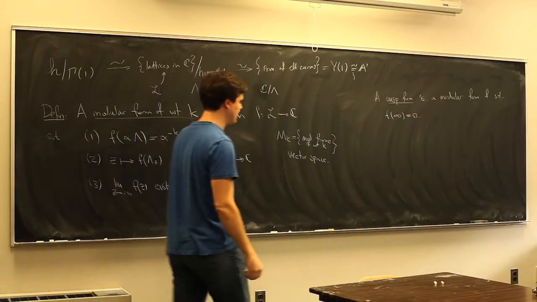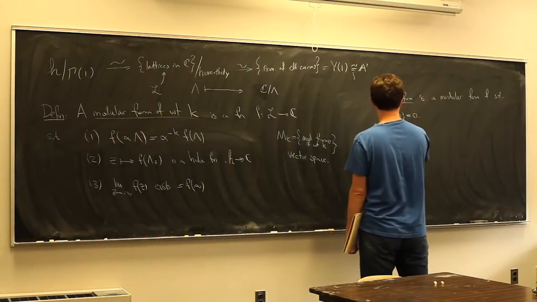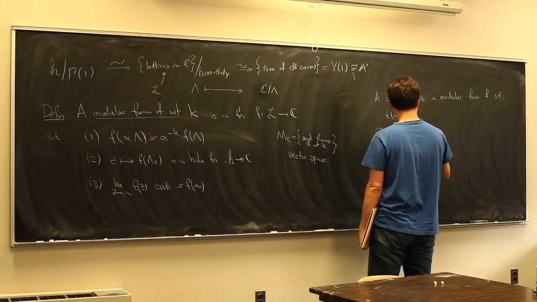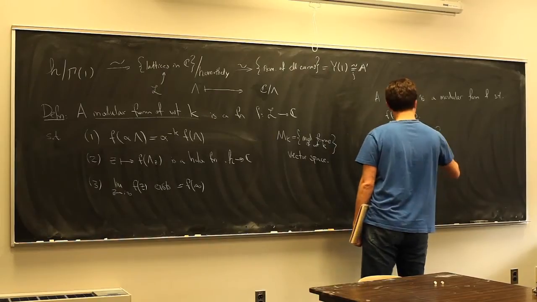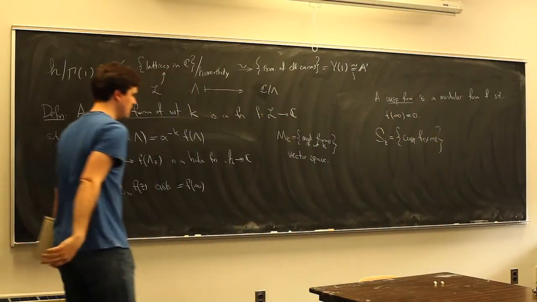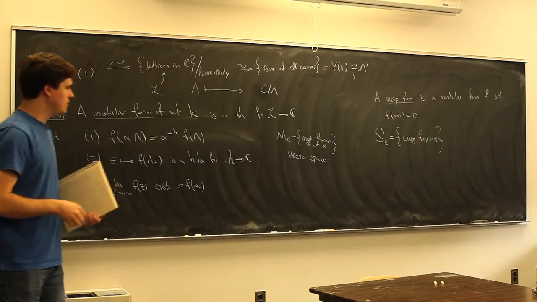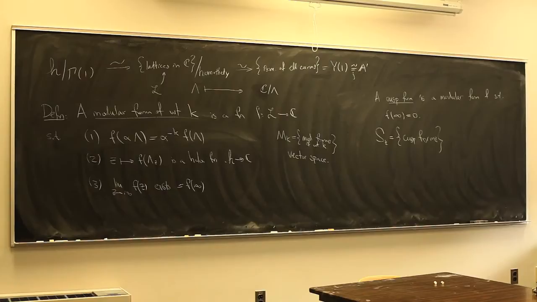And I'll write S_k for the space of them. That's also a vector space, it's a subspace of M_k. All right, so the first thing that I want to do is give several different ways to think about modular forms.